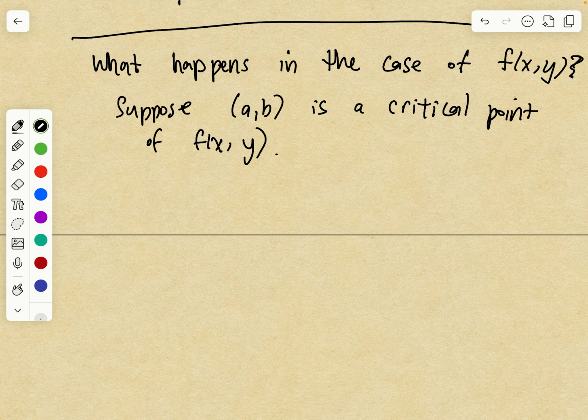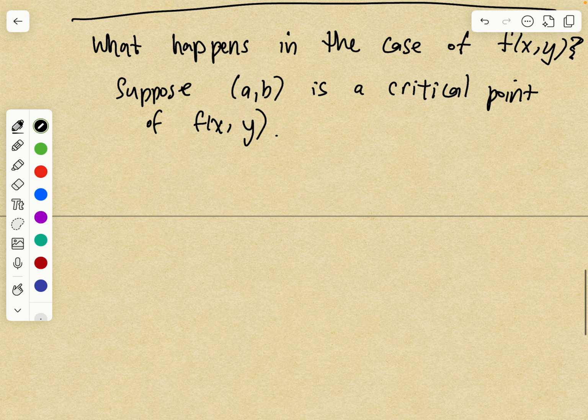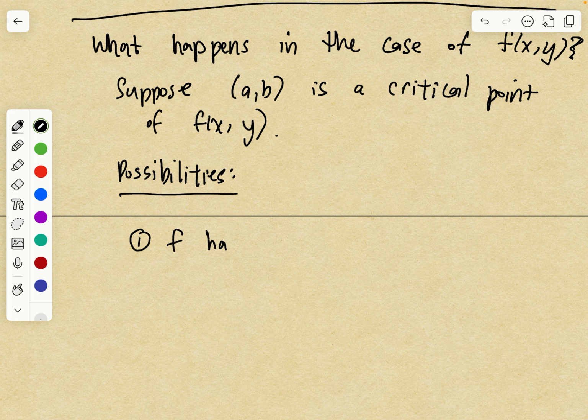Then there are a few possibilities, just like in the case of a function of one variable. You could have a local maximum at the point a comma b.